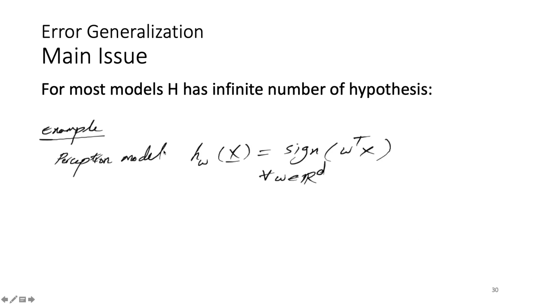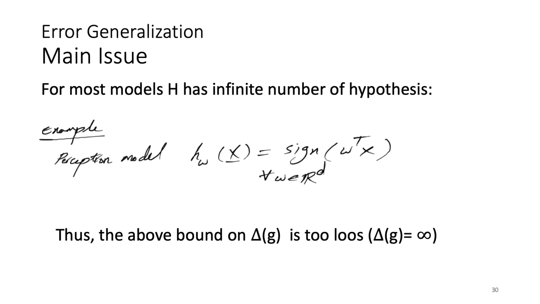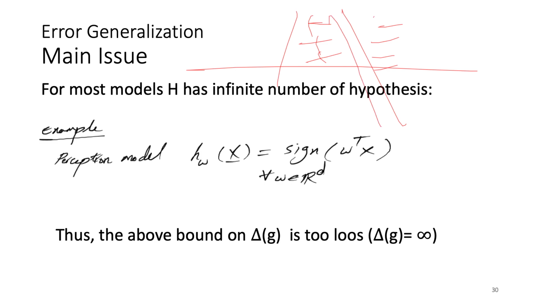So the main issue is, for most models, H has an infinite number of hypotheses. Given the simplest case of the perceptron, you can have infinite H, because for a simple classification case there are infinite ways to classify the data. With pluses here and minuses there, there are infinite ways to classify them, like H1, H2, H3, H4.